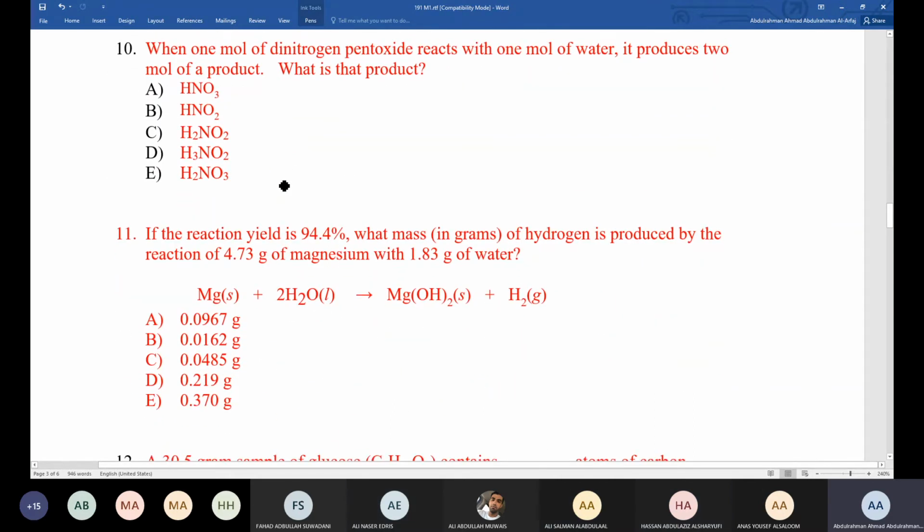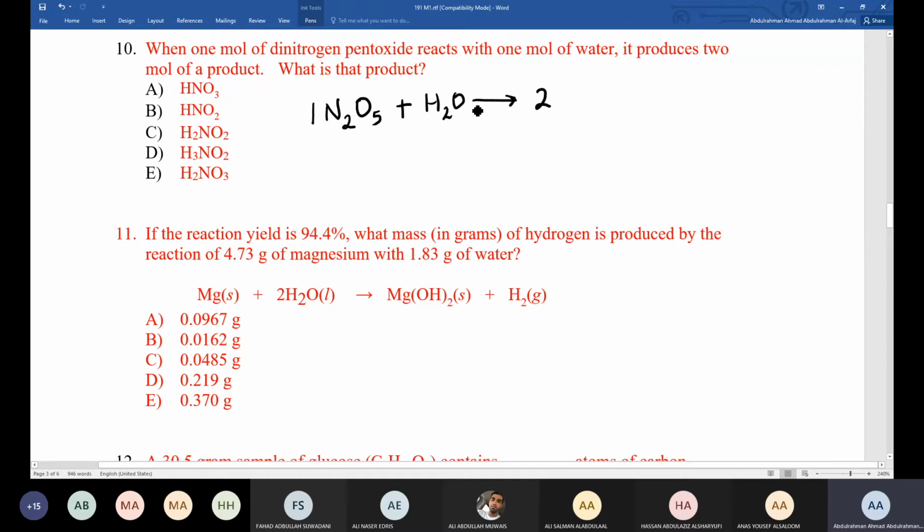When 1 mole of dinitrogen pentoxide reacts with 1 mole of water, what's dinitrogen pentoxide? N2O5, and 1 mole. React with H2O. It produces 2 mole of what compound? What's the product? 1 compound.